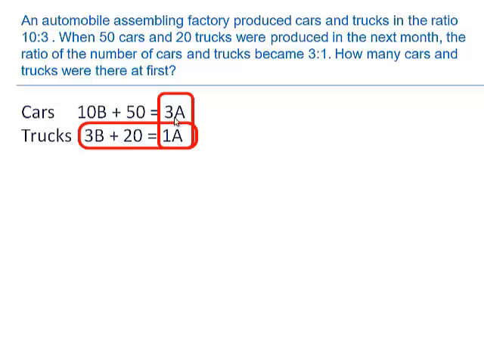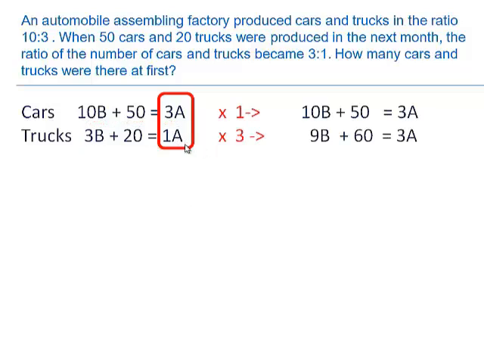Here it's 3 after units. So we just want to take 3 sets of this, so that here we will have 3 after units. We times 3 for this part, which becomes 3 times 3 before units is 9 before units, and 20 times 3 becomes 60. That is equal to 3 after units.